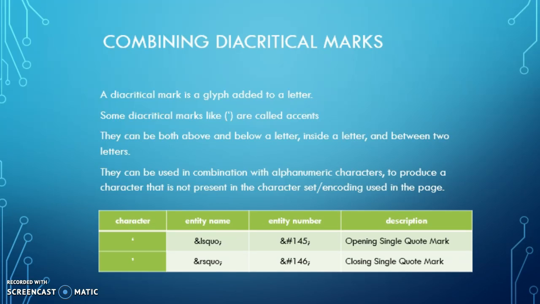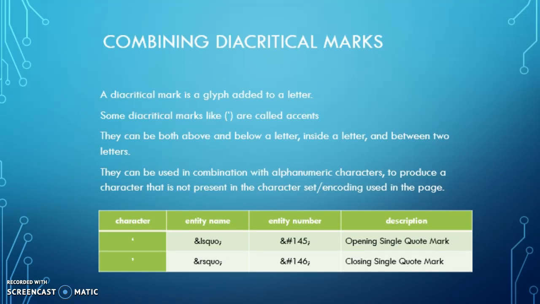Combining diacritical marks. A diacritical mark is a glyph added to a letter. Some diacritical marks, like quotation marks, are called accents. They can be both above and below a letter, inside a letter, and between two letters.